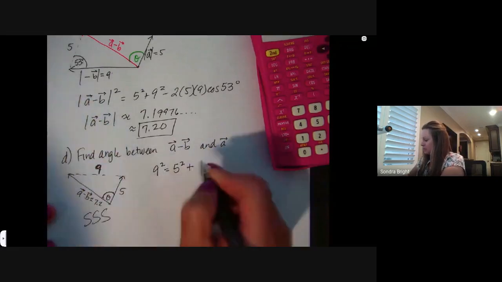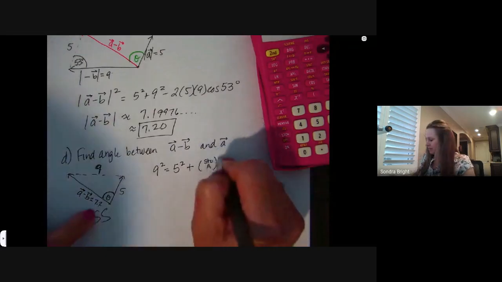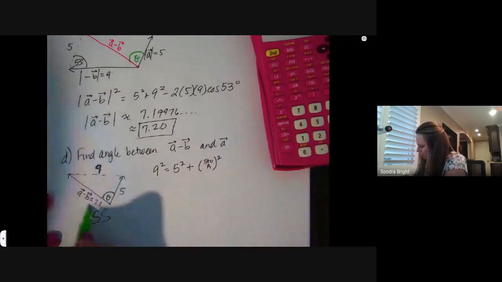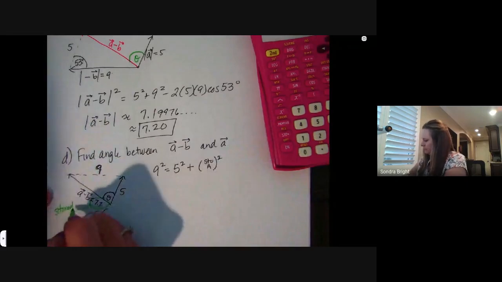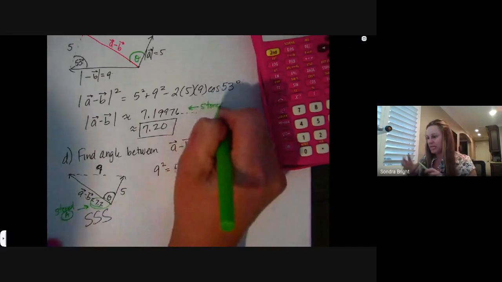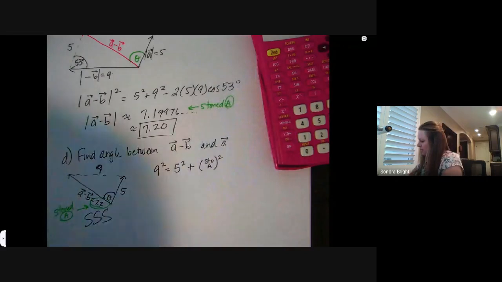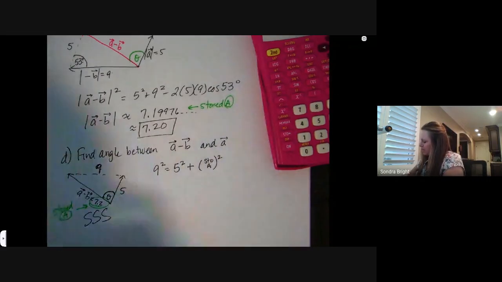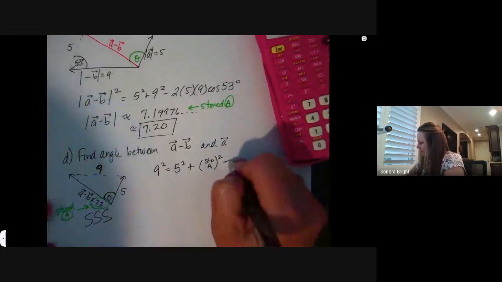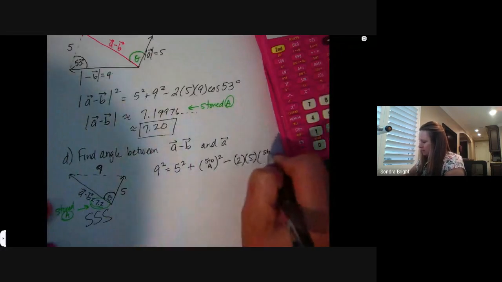But I'm going to use my stored A value squared. Because this one, I stored under A. Yeah, I'm going to use that stored value to show you this is really what you should be doing so that you get proper answers. Okay, so we got stored A value, and then minus 2 times 5 times that stored A times the cosine of theta.